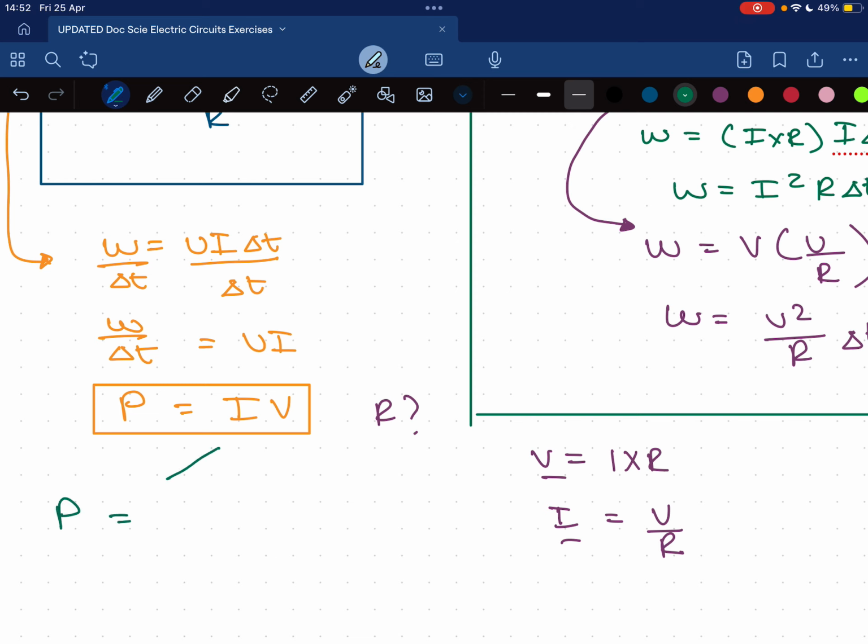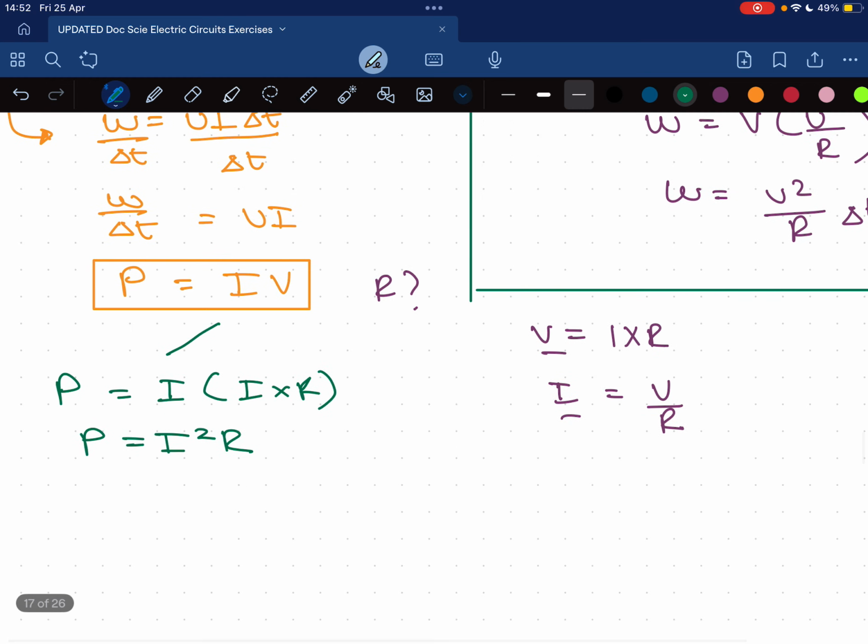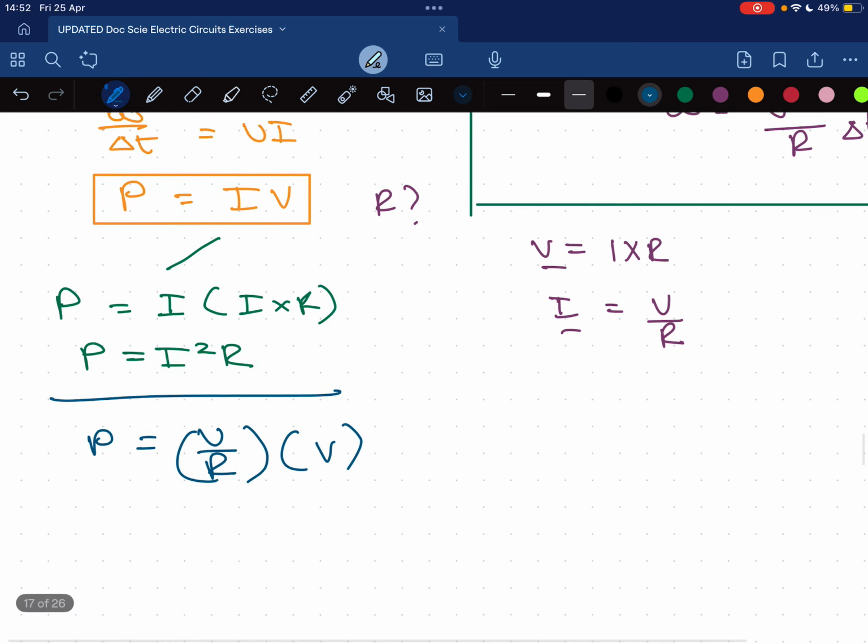Power could equal, if I replace V, I times R times I, which is I squared R. And I could go one step further and say that P is equal to, replacing I with V over R, times V, which is going to be equal to V squared over R.